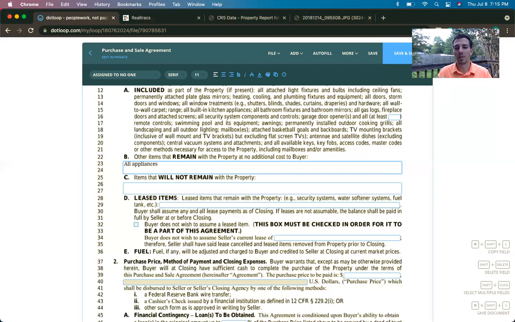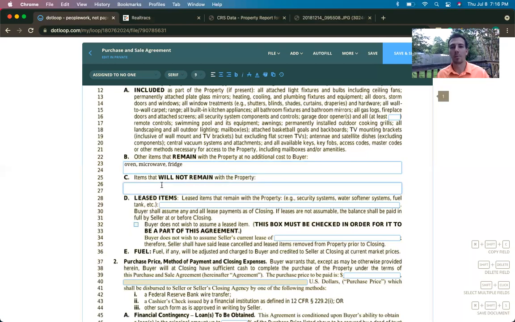So it's important to list in detail everything that is staying with the home. Don't just put all appliances, don't just put kitchen appliances. List exactly: oven, microwave, fridge, dishwasher, whatever is included. So we'll just put oven, microwave, fridge.